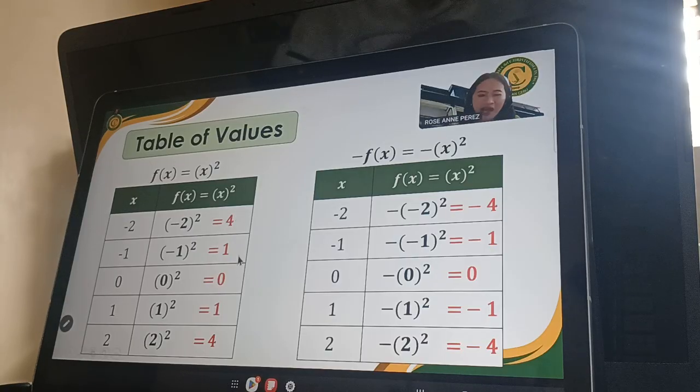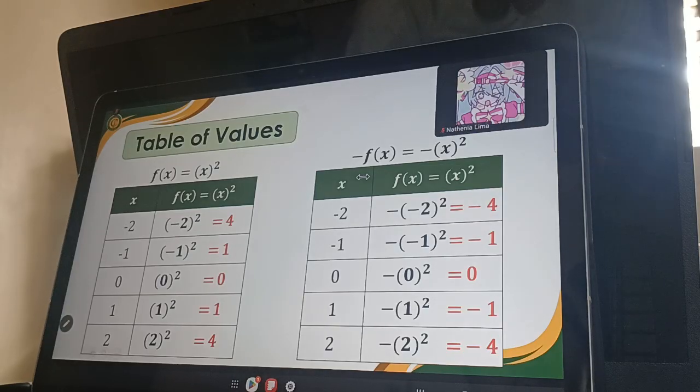You use the original coordinates and then just have the opposite sign of your y coordinates. That's the shortcut on graphing your equations or functions. Any questions about reflection of a function? None so far.